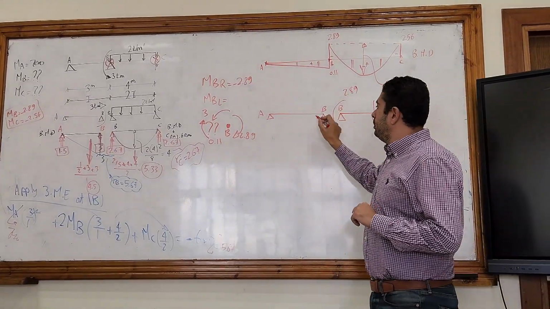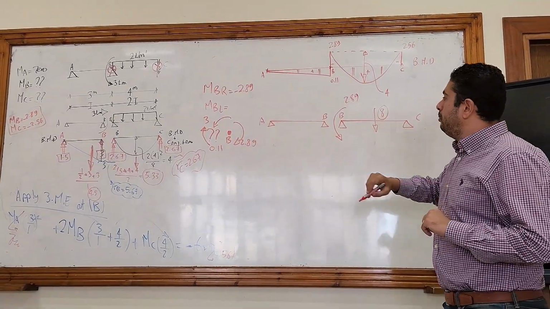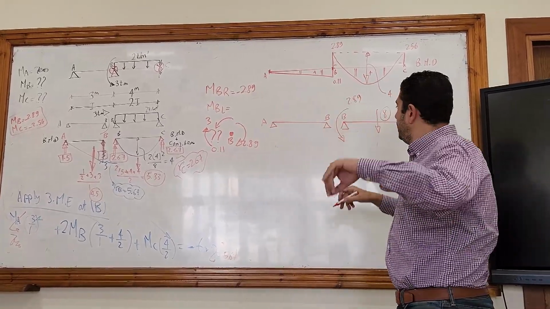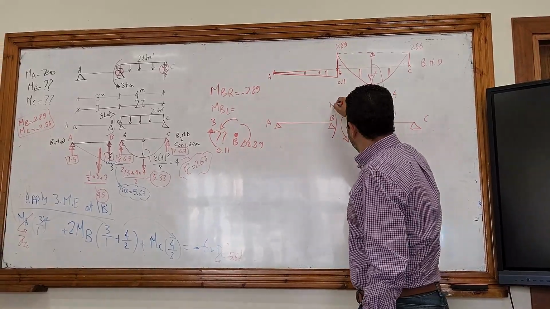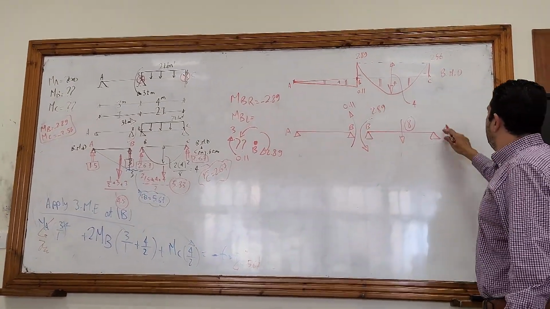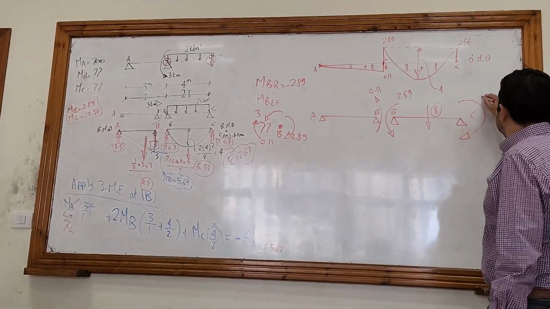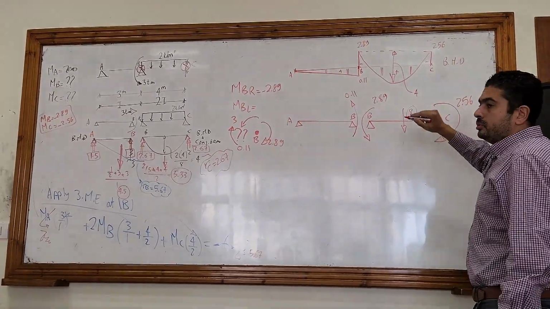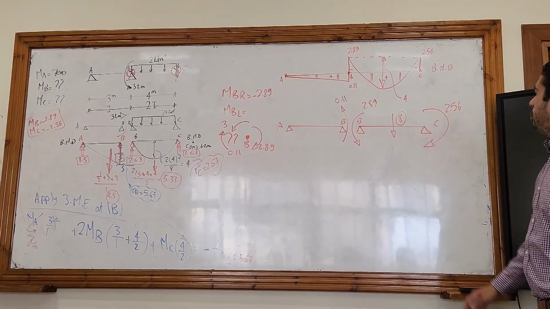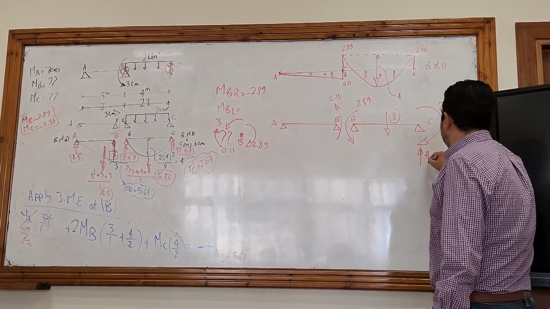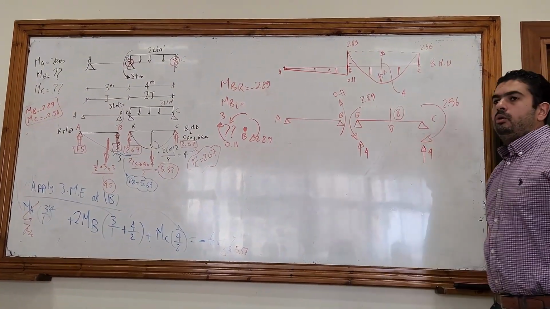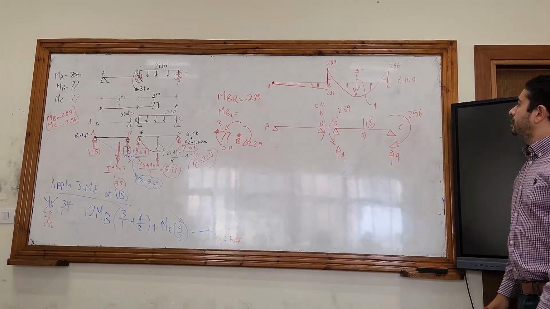And when I am going to deal with the span BA, the moment will be left, which is 0.11 with the tail under like this. And the moment at C is 2.56 upwards. Okay? Let's calculate the reaction. So 8 in the middle, this will be 4, and this will be 4. This one doesn't have any loads. What about the difference in the moments?